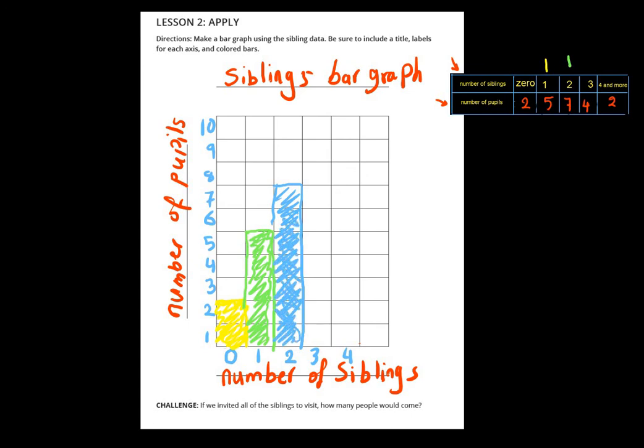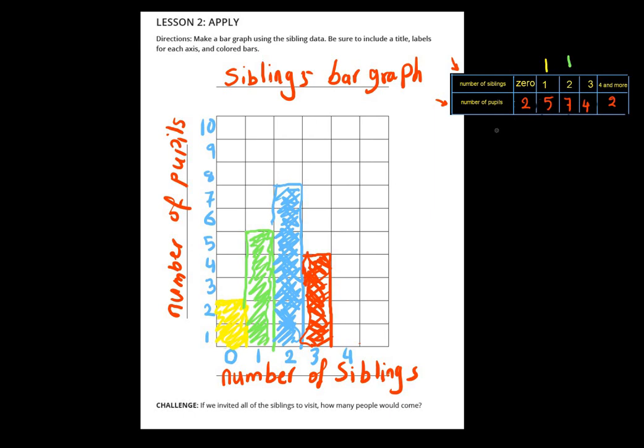The children who have 3 are 4. We shade 4 with another color. We can use one color, but it's better to change colors. 1, 2, 3, 4. I colored 4.